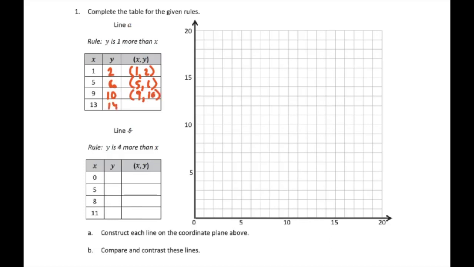And if I have 13, 1 more is 14. So I'm going to graph. And 13 all the way up to 14. I'm going to connect and label line A.